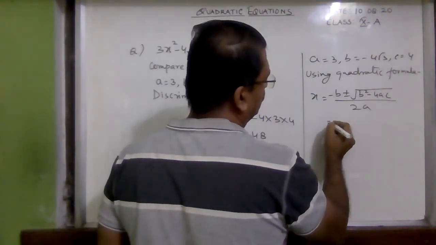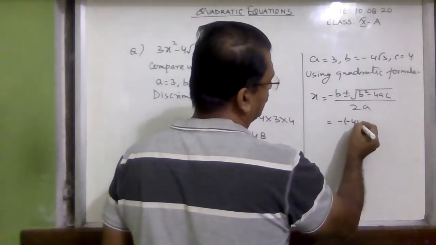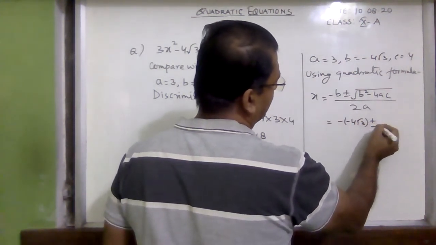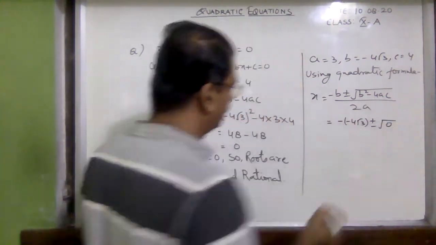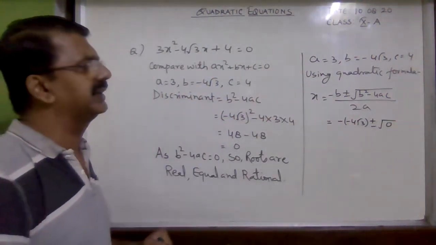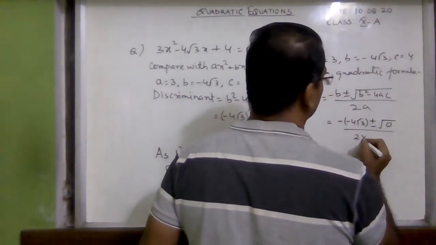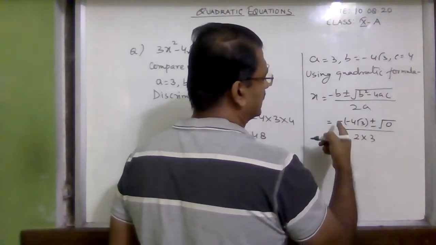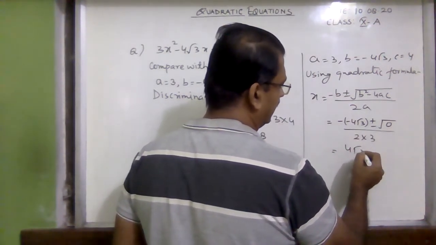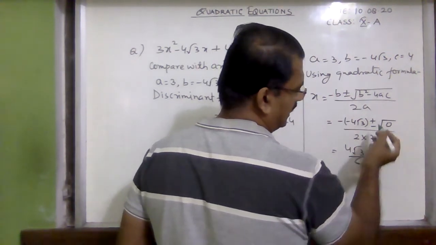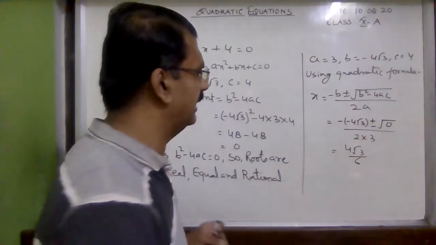Now minus b means minus of minus 4 root 3, ± under root; we have just solved b² − 4ac here, so I have written directly 0, upon 2a means 2 into 3. Now minus into minus plus, so it is 4 root 3 upon 6, because root of 0 is 0, plus minus 0 remains the same.